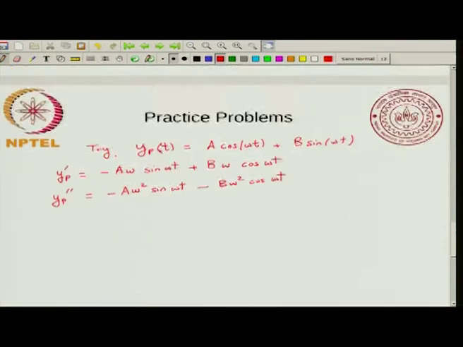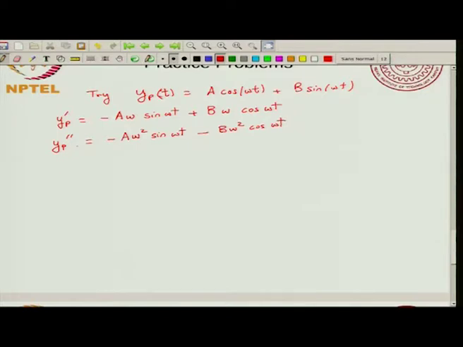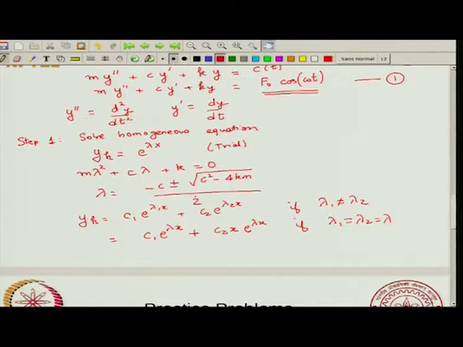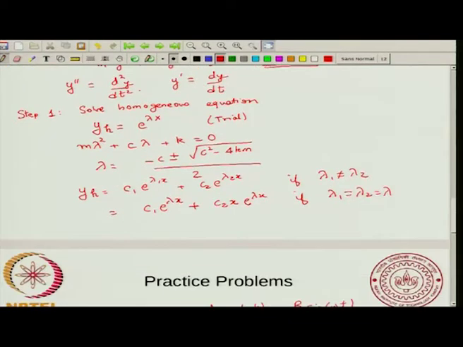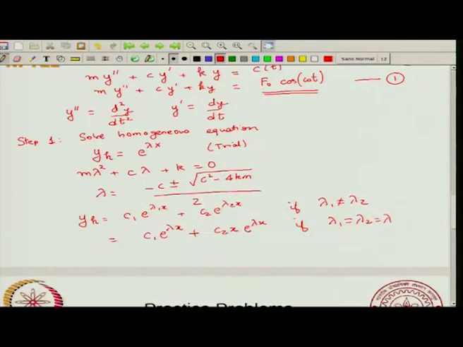When you substitute in differential equation 1, you have m times yp double prime. So you have minus m a omega square cos omega t minus m b omega square sin omega t. That is the first term, from y double prime. Then you have c y prime and then ky.